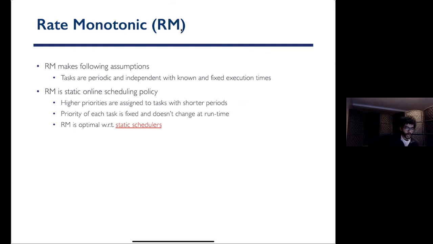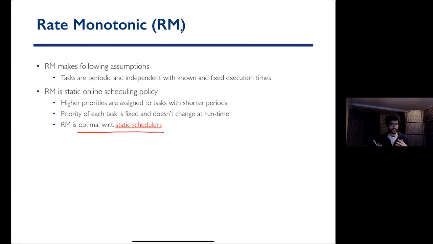Now, it's optimal with respect to static schedulers. So what does this mean? It means that if there is a task set, a workload, that is schedulable by any other static scheduler, so there might be some other static schedulers, if they can produce a feasible schedule for this task set, then RM can do the same.